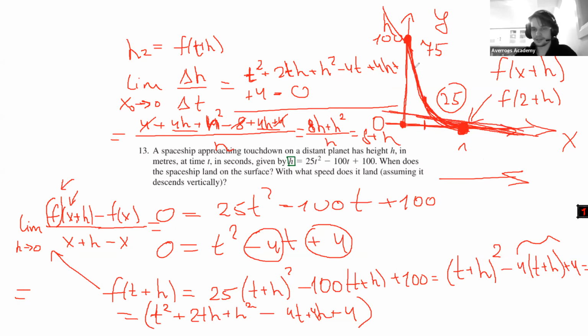And another cool thing that I'm gonna show you right now is that velocity can be found by a derivative from this equation. We're gonna take the first derivative of this one. We're gonna find the equation for speed, v, and it would look like 50 times t minus 100.